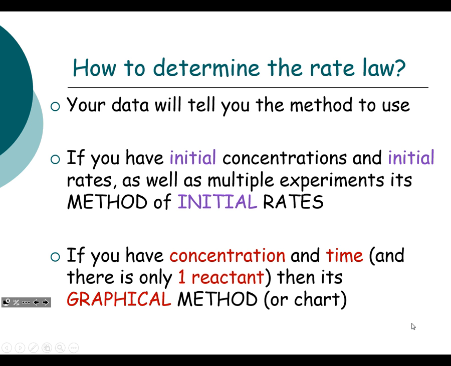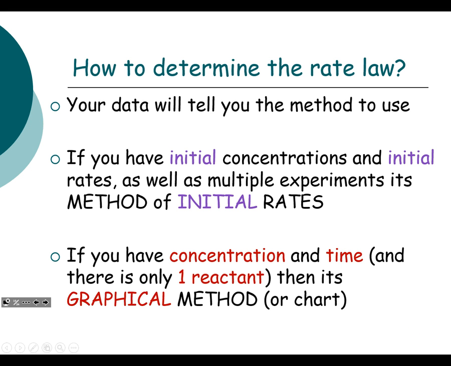So how do you determine rate law? There are two ways to determine the rate law, and they're easy to figure out which method you have to use. You got to look at the data that they give you. The data can only be used in one way. One of the methods is called the method of initial rates, and it's really easy to remember what you need for it.